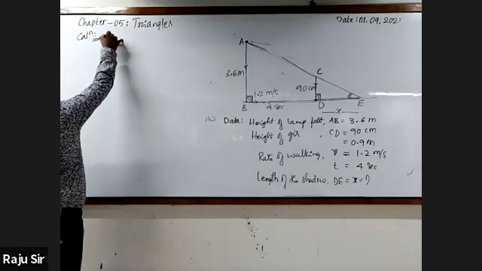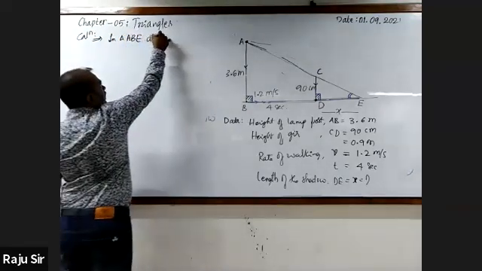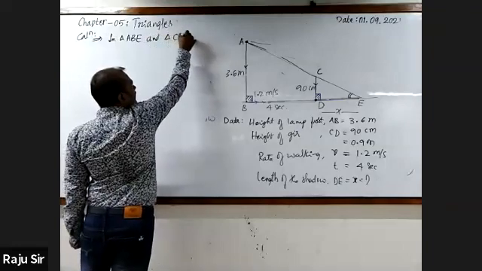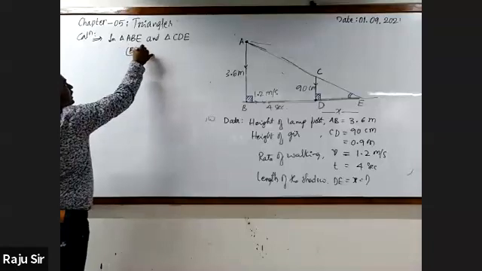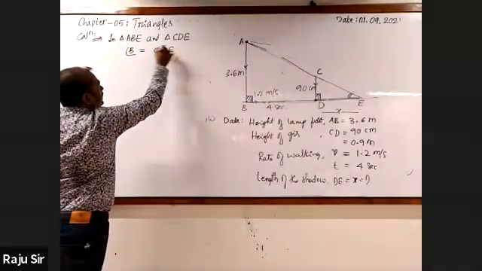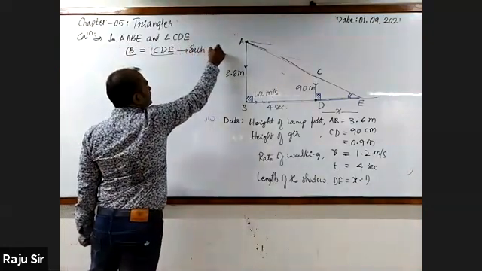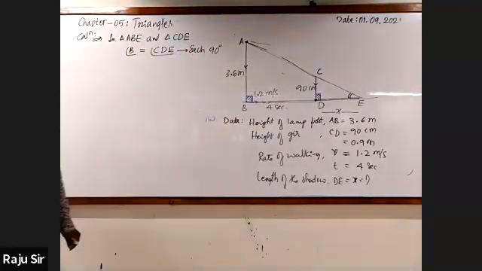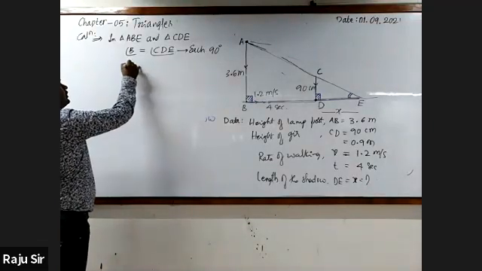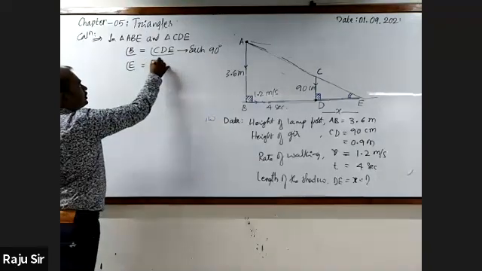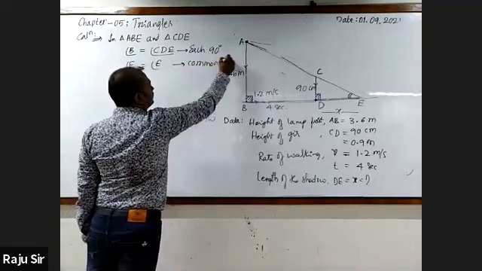Right. Calculation. In that, first, I'll take the triangle ABE and triangle CDE. In these two triangles, angle B is equal to angle CDE. Reason, each angle is 90 degree. Next, angle E equal to angle E. Reason, common angle.